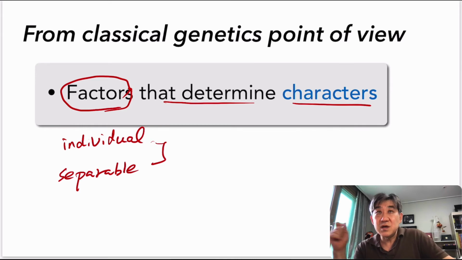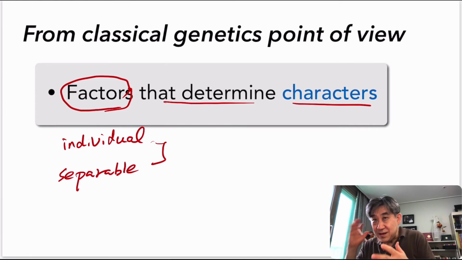There was no clear definition or understanding of what genes are, but for the first time Mendel thought correctly about what genes are: individual units of factors that can determine the characters. What are characters?